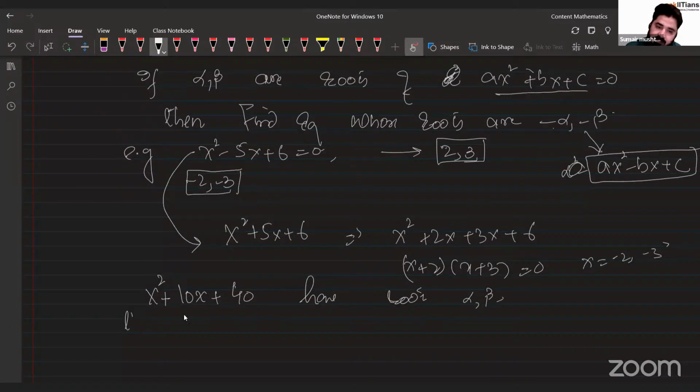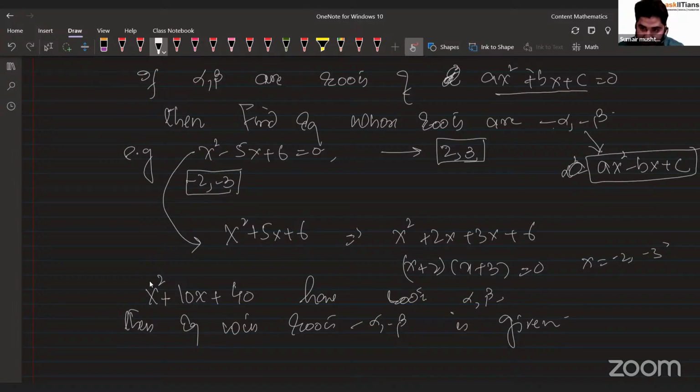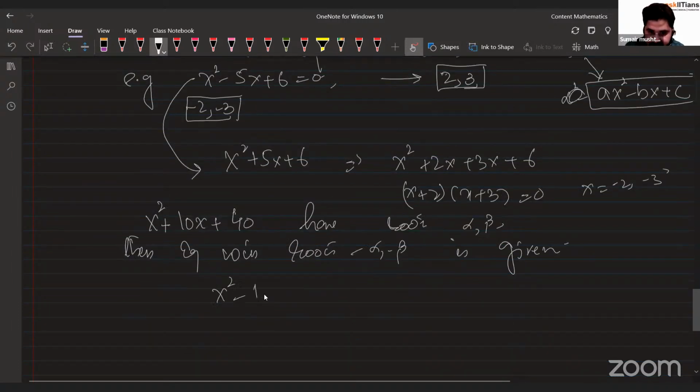Then the equation with roots negative alpha, negative beta is given by, yes, can you tell me, every one of you. What you need to do, if it is negative, just change the sign. It will be x square plus 10 times x plus 40. Got it?